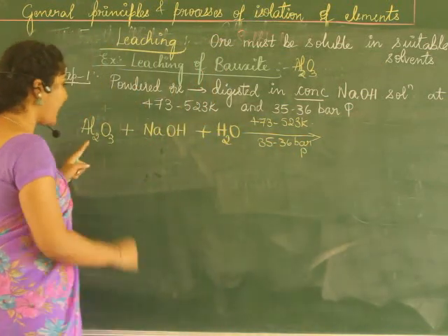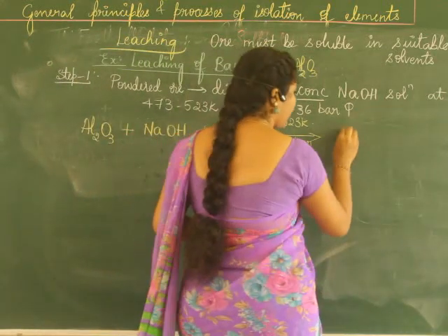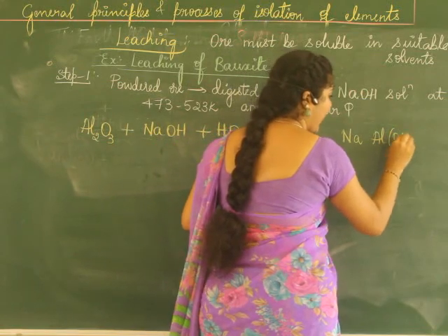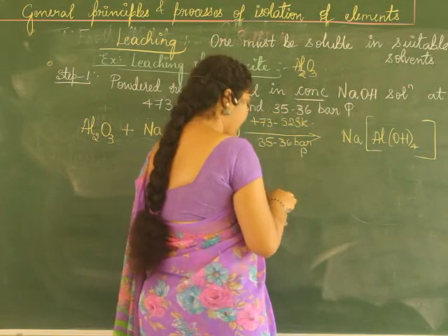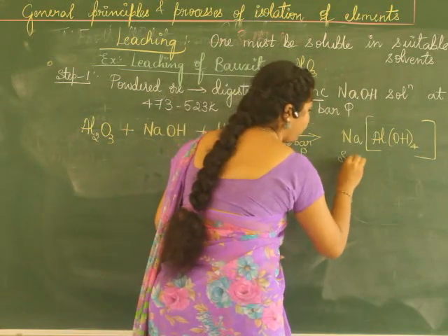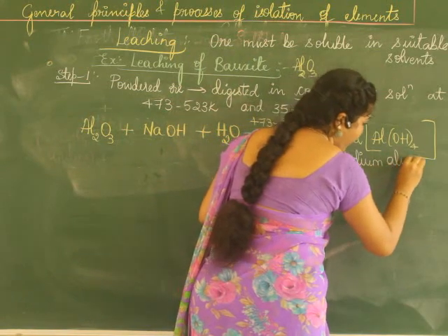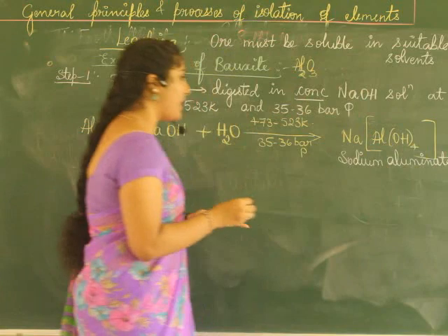Now, what do you get? You get sodium aluminate, NaAl(OH)4, which is called sodium aluminate. So the first step, how are we going to explain? Okay, sodium aluminate.